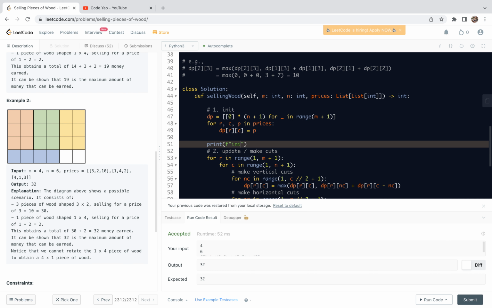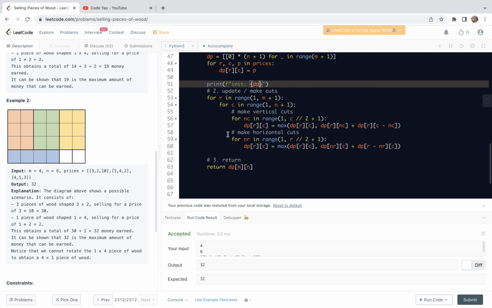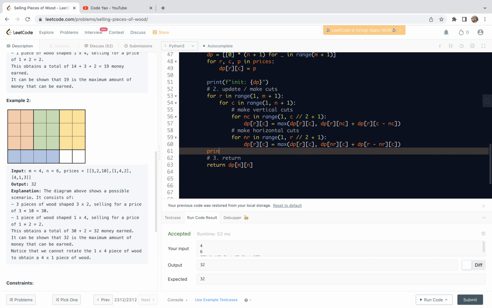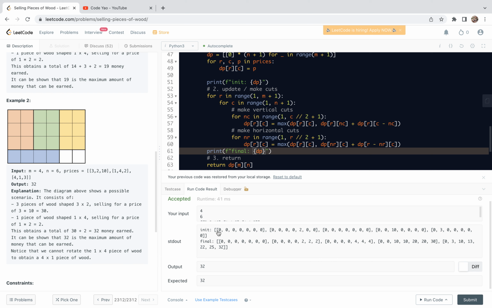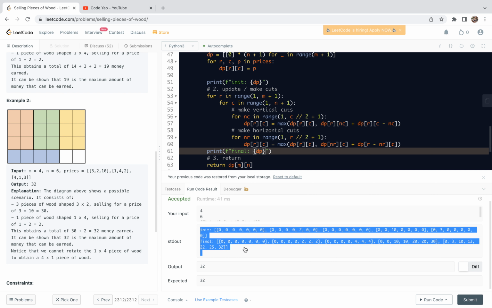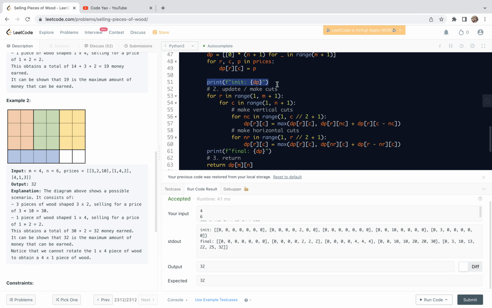In order to have a better understanding, let's print out the initial state of the dp table and also the final state. Let's have a look. This is the initial state specified here, and this is the final state, where the return is 32.